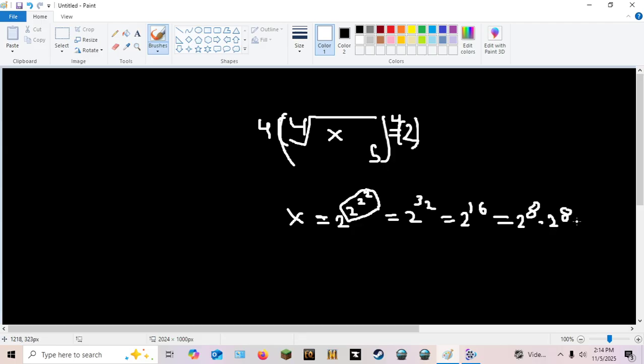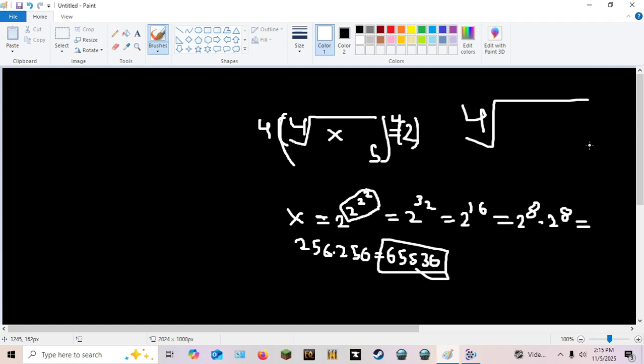Instead of adding the exponents, I can just replace 2 raised to the 8 with 256 and do the standard algorithm. 256 times 256 equals 65,536. So if I plug 65,536 into the super fourth root, we see that the super fourth root of 65,536 equals 2. So that's correct.